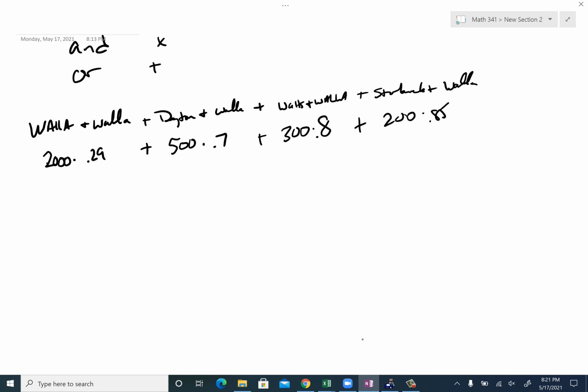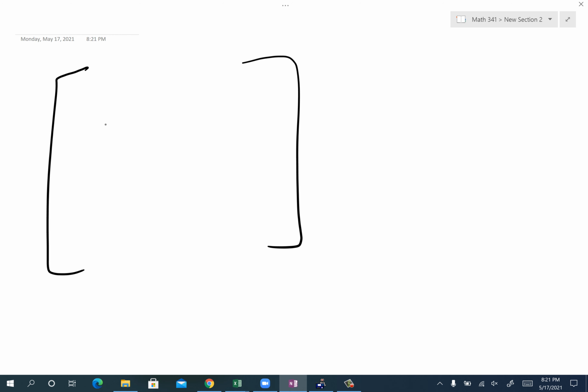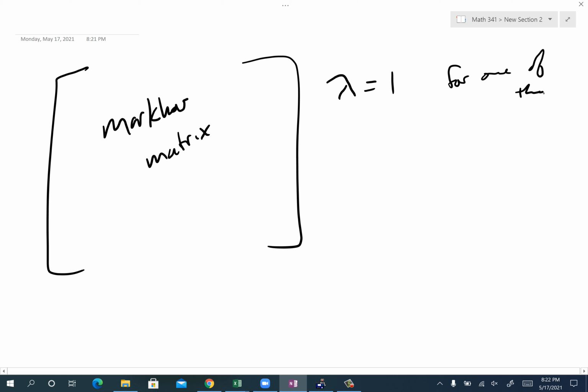Now, what's going to be interesting is this: does that original matrix have eigenvalues? And in fact, it does. And in fact, this Markov matrix will always have lambda equal 1 for one of them, 100% guaranteed.